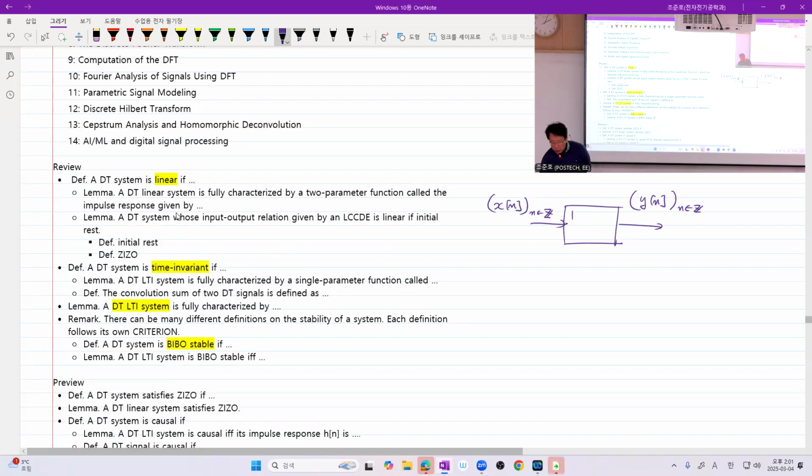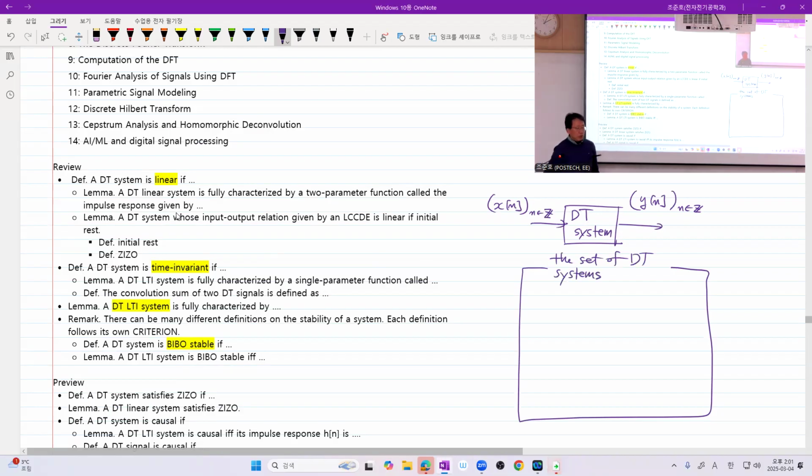Then we call this mapping rule a DT system. Since we have defined a very big set, the set of all DT systems, without doing classification, we can't proceed any longer.